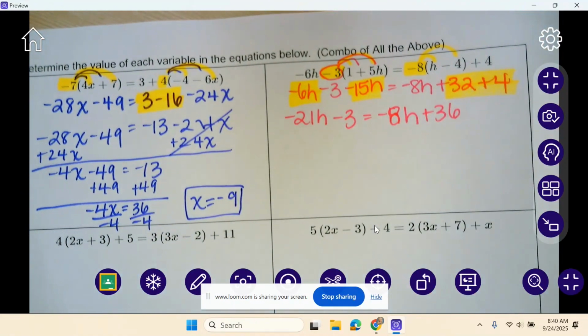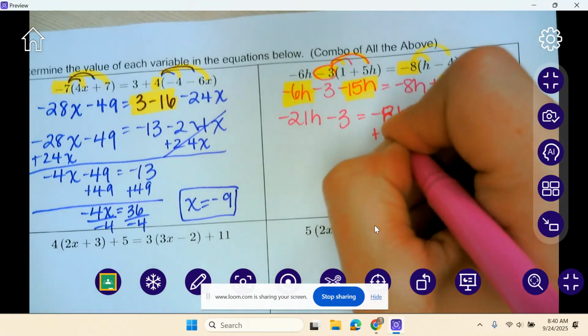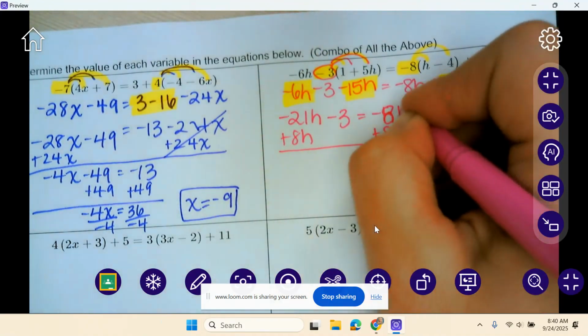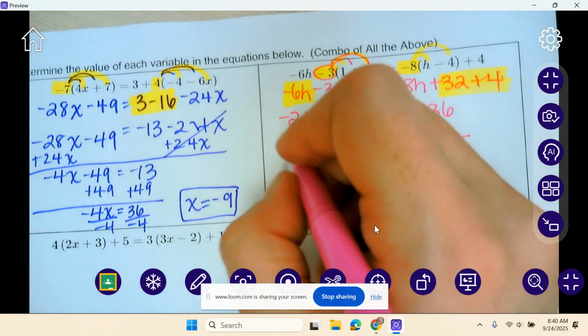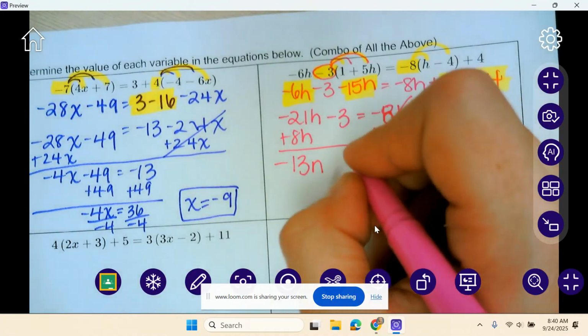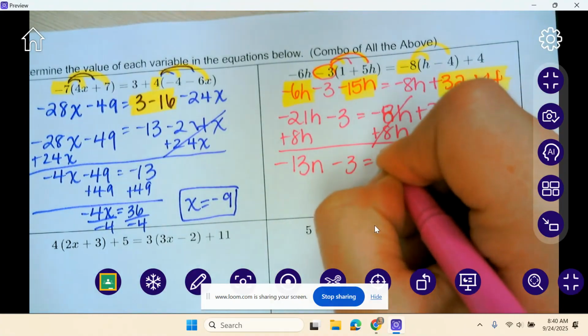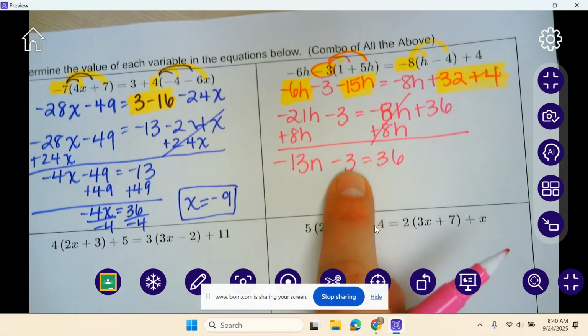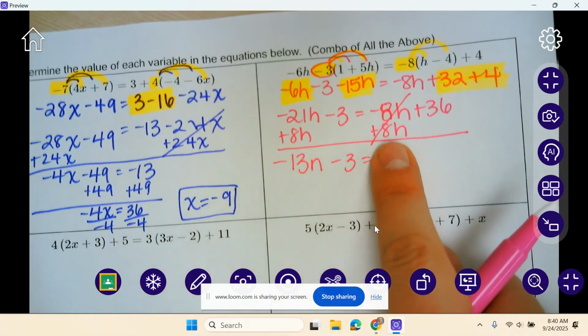All right, so next step is move the variable. So I'm going to add 8 to both sides. Like I said, it doesn't matter which one you pick. This one actually doesn't matter. But once you're on the side of where the variable is, that's how you know which one to get rid of for the constant. So because my variable is on the left side, I need to get rid of the constant on the left side of the equal, right?